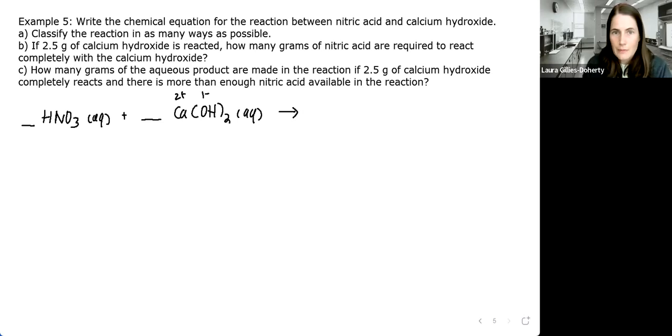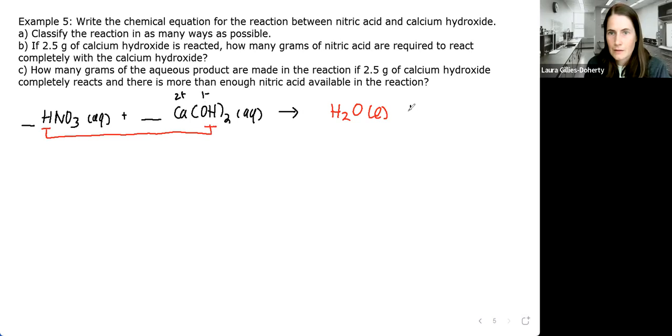And now we're going to swap ions. So it's an acid-base reaction, nitric acid, calcium hydroxide is a base. So one of our products is going to be water. H is going to react with OH to make H2O, liquid. Plus our second product is going to be the product between nitrate and calcium.